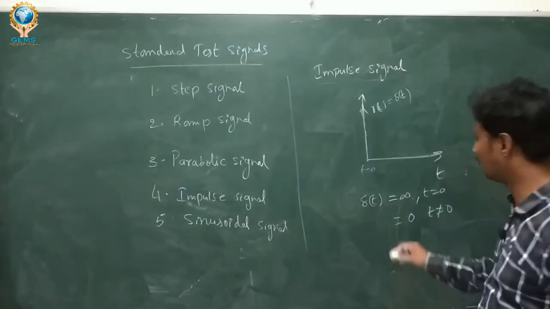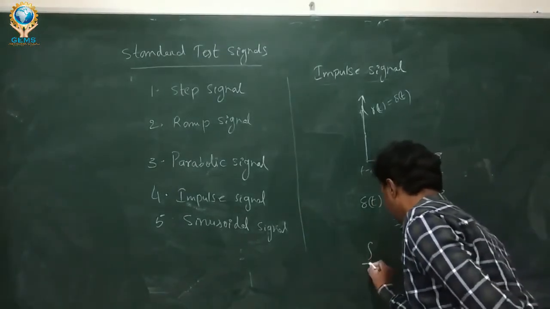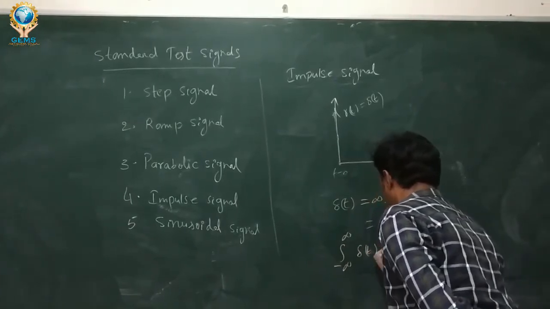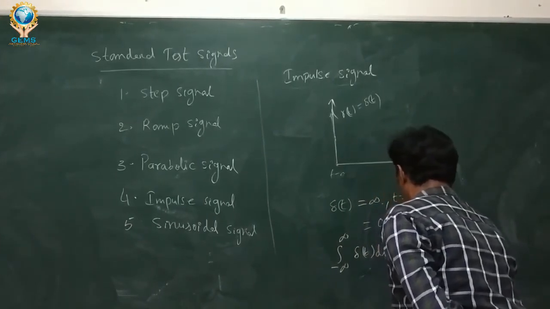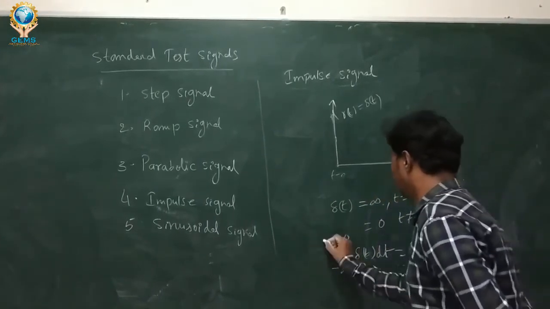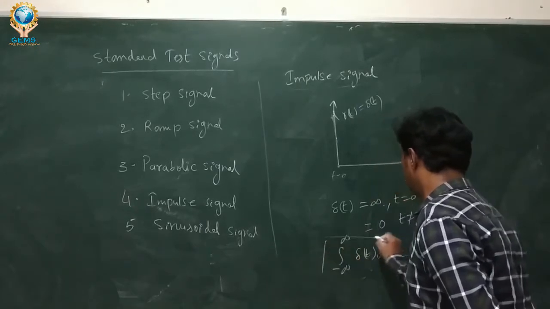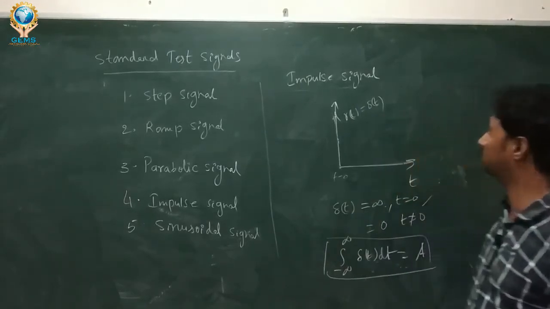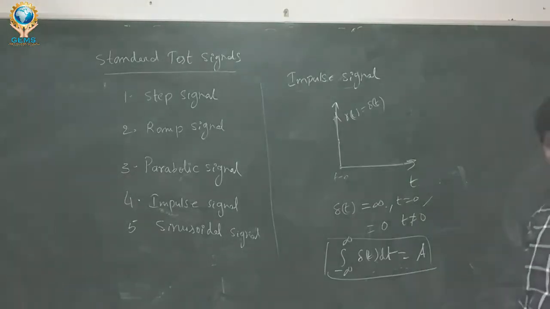When you integrate delta t dt from minus infinity to plus infinity, you will get magnitude A. So this is an important equation. So this is the impulse signal.